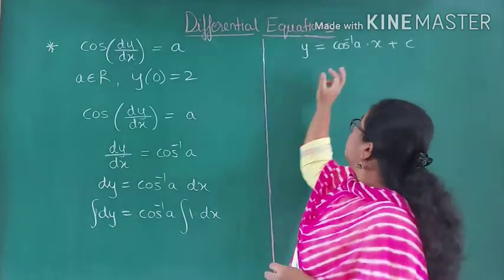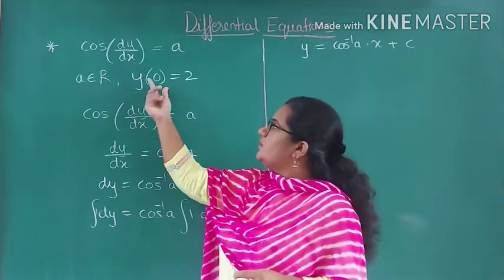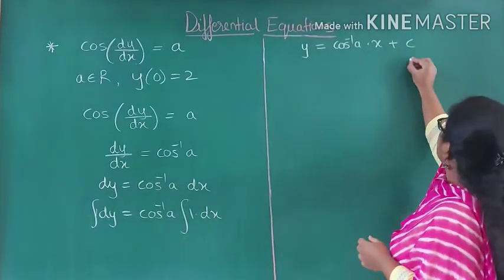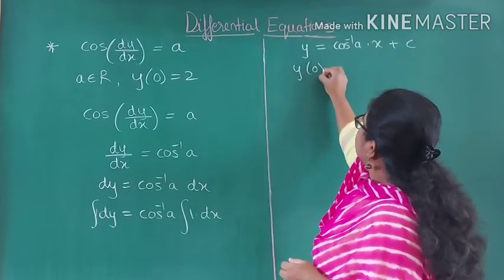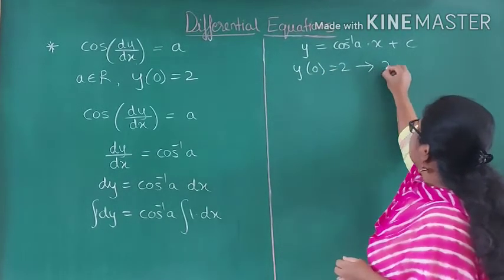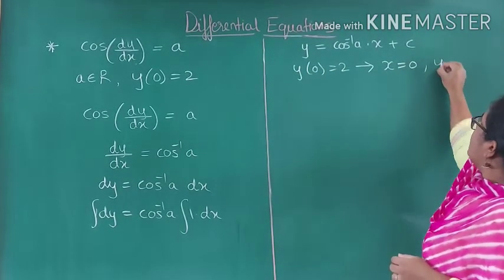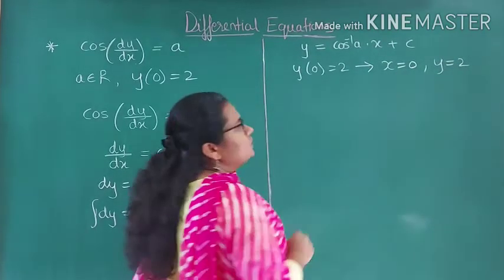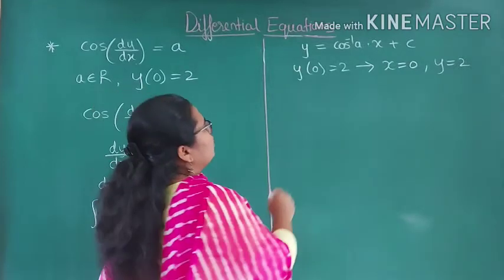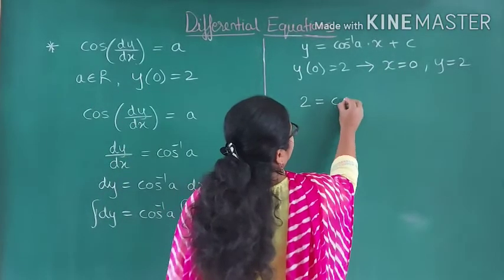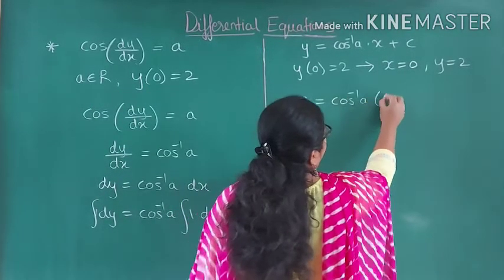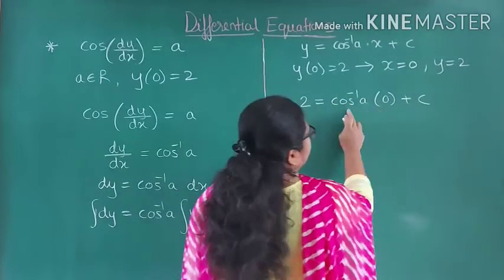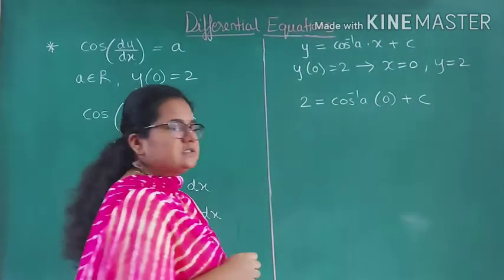Now you have to find the particular solution for y of 0 equal to 2. So y of 0 is equal to 2. This means that for x equal to 0, y is equal to 2. We know anything into 0 is 0.